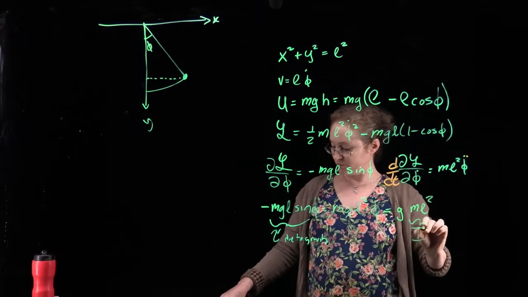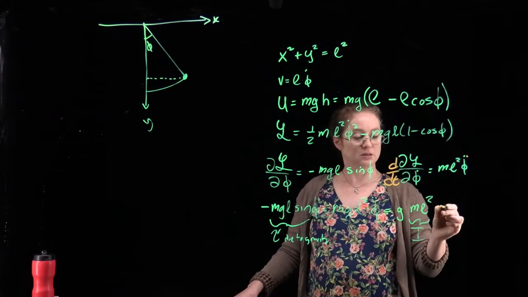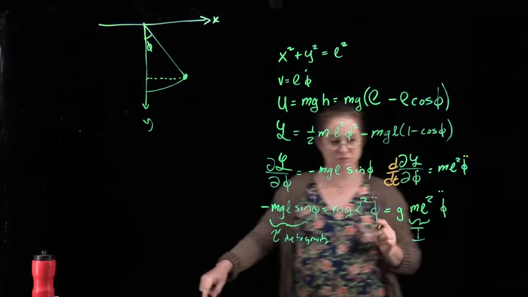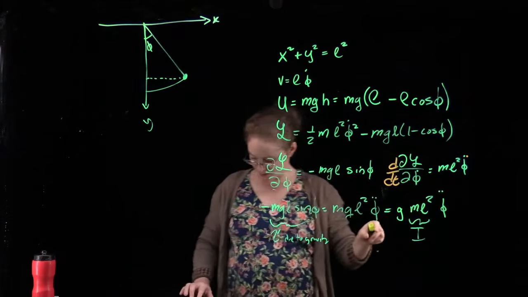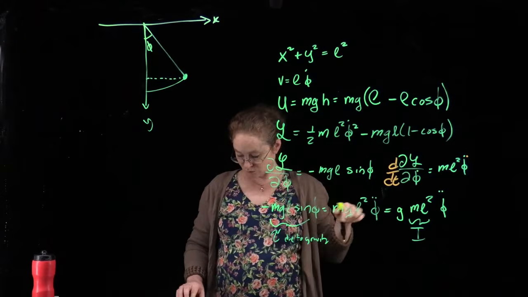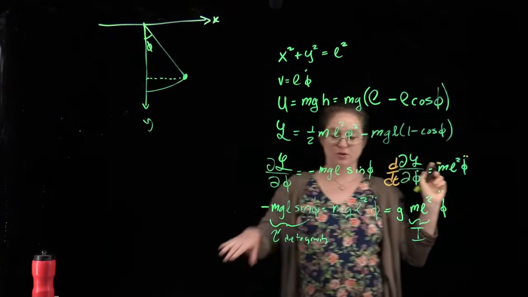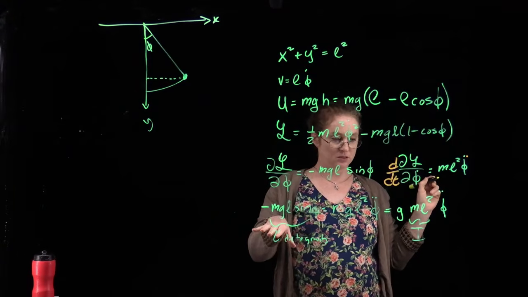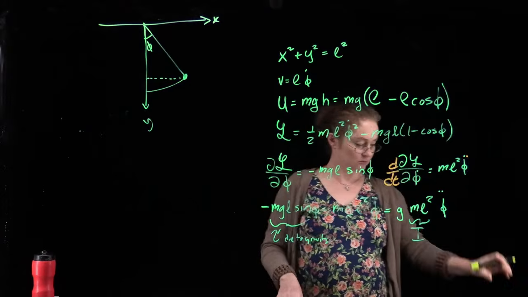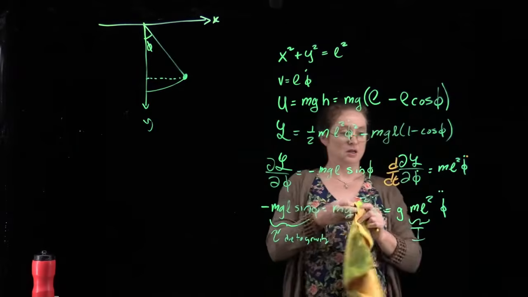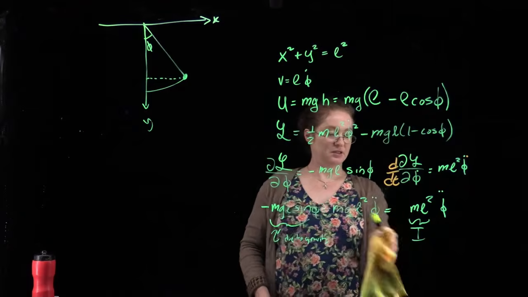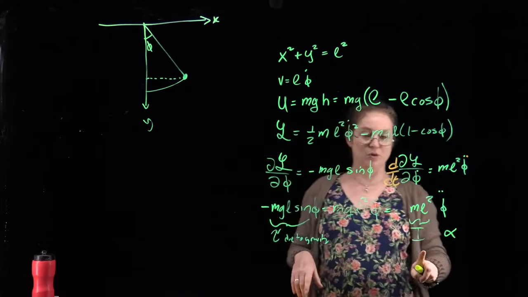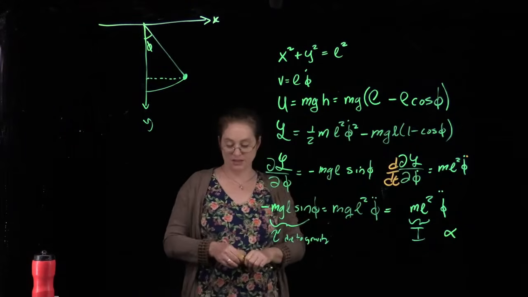This is my moment of inertia, and this is the angular velocity. So here I have that the torque due to gravity, I added an erroneous one, there we go. The torque due to gravity, and this is alpha. So the torque due to gravity is equal to the moment of inertia times the angular acceleration.